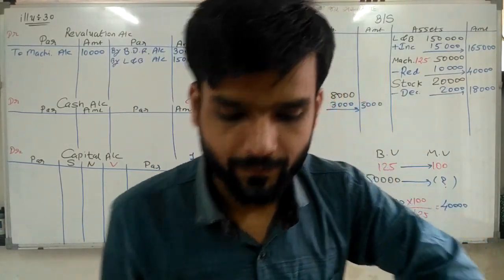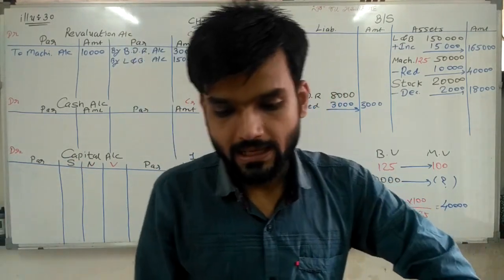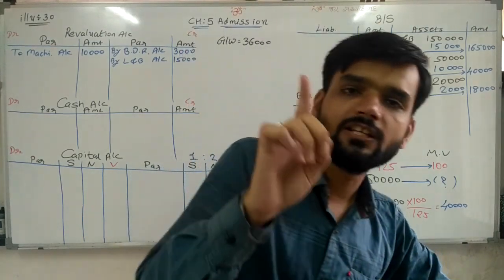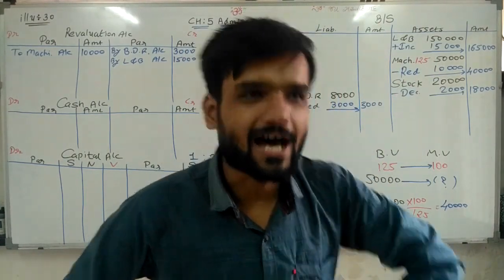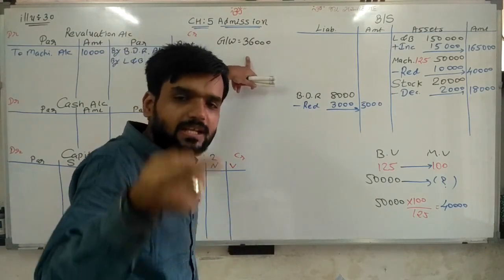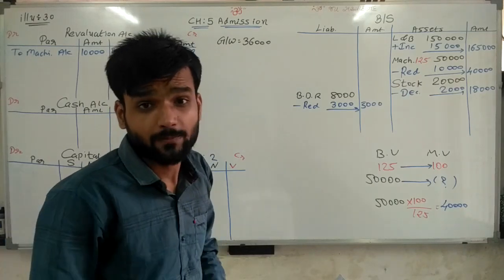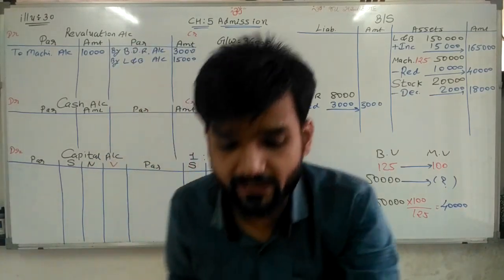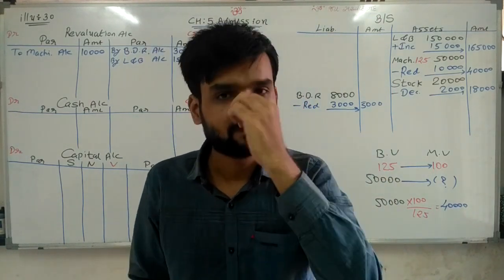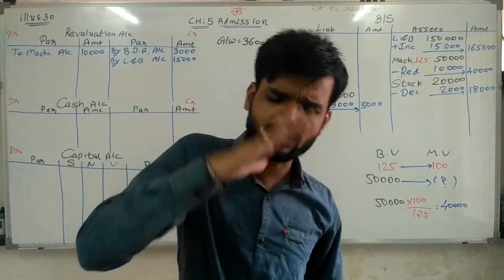Vijay will bring 50% of net asset of the new firm as the capital and his share of goodwill in cash. Now this goodwill is used because his share he brings in cash. And one most important thing, 50% of net asset brought by new partner Vijay. That is also a new topic here. For that I have taken this sum.